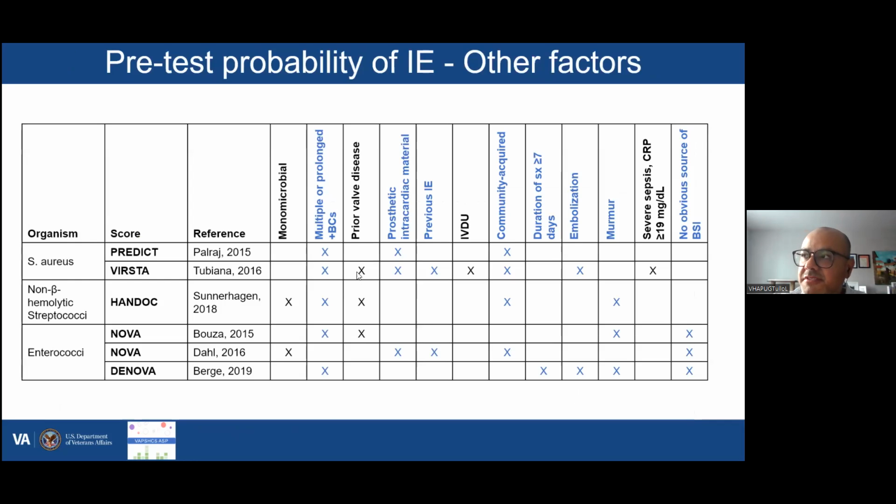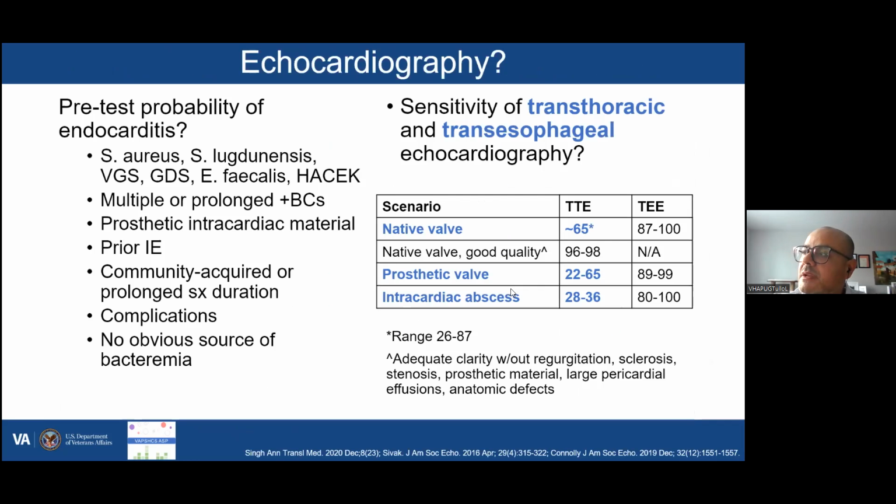These are just some other factors to consider for increasing your pretest probability of endocarditis: multiple prolonged blood cultures, prosthetic material, previous endocarditis, not knowing how long the bacteremia has been going on for, and different metastatic infections. Unrelated, TTEs are not very good for identifying endocarditis in terms of sensitivity, if you're really suspecting it.